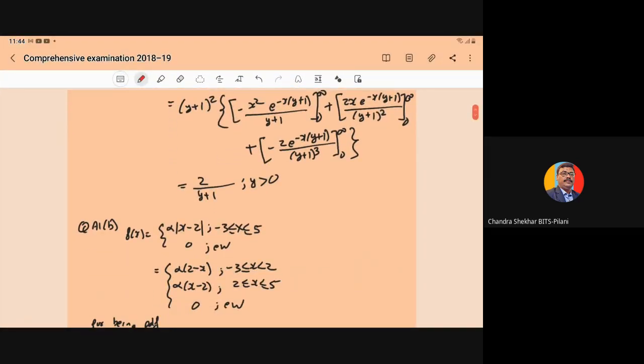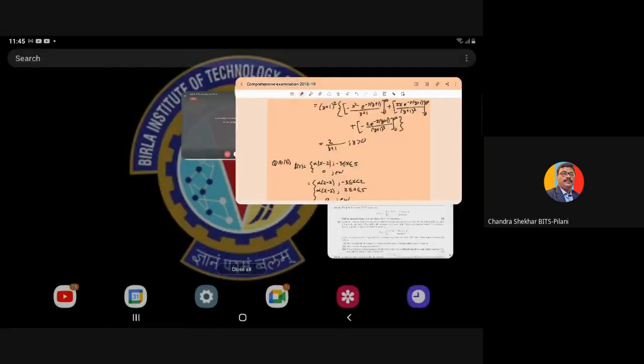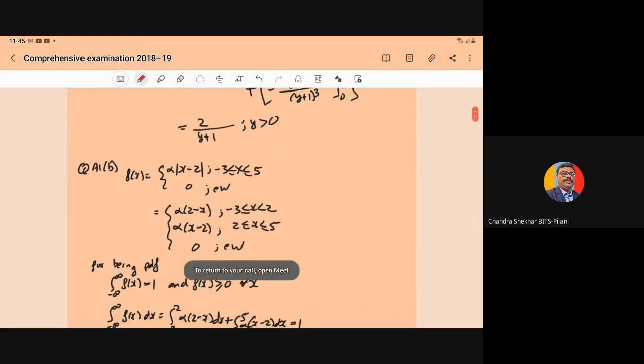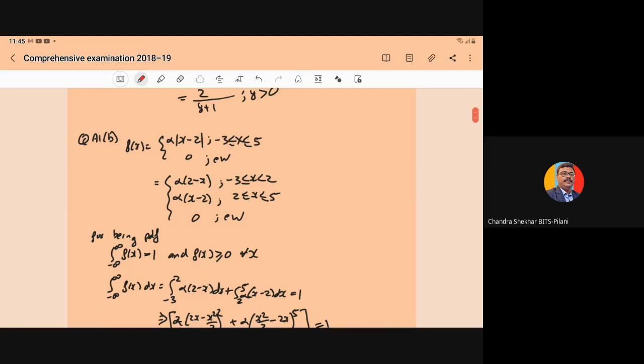So given the PDF for the impact, f(x) is equal to alpha into mod of (x minus 2), for minus 3 less than or equal to x less than or equal to 5, and 0 elsewhere, which can be written as alpha into (2 minus x) for x in the range minus 3 to 2, and alpha into (x minus 2) for x in the range 2 to 5, and 0 elsewhere.